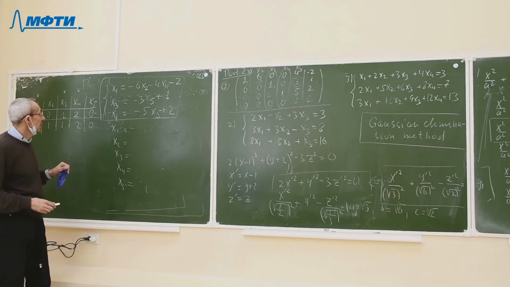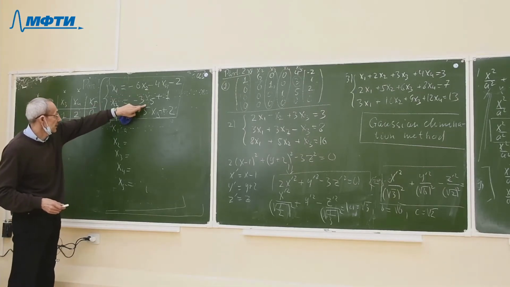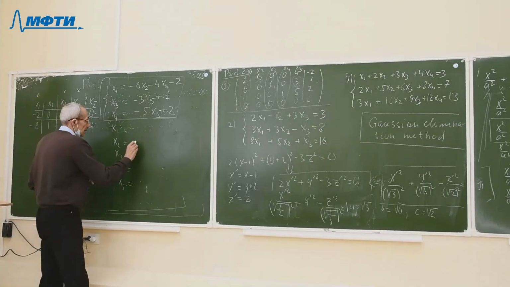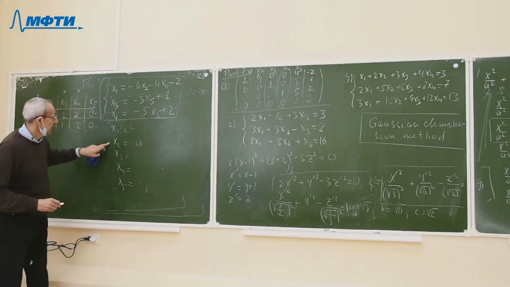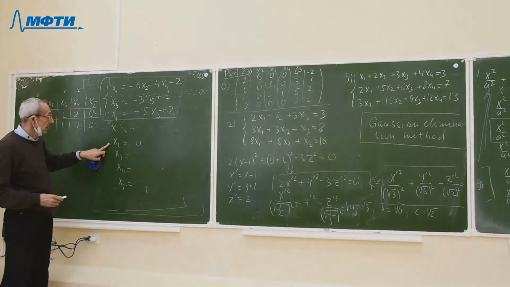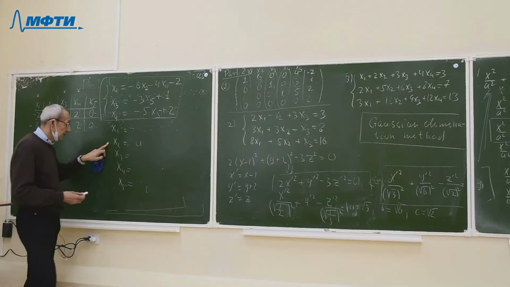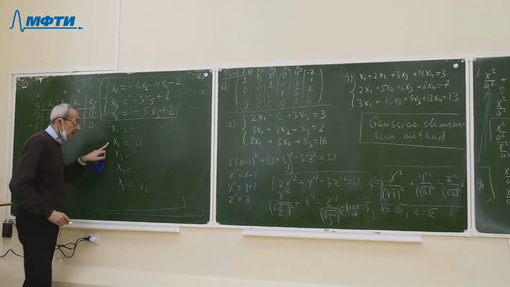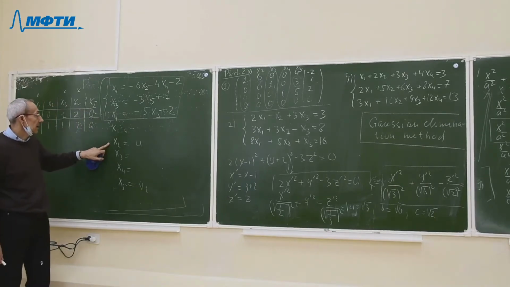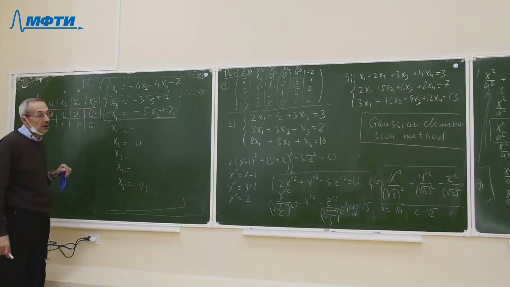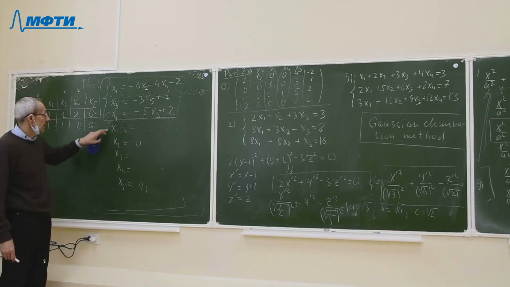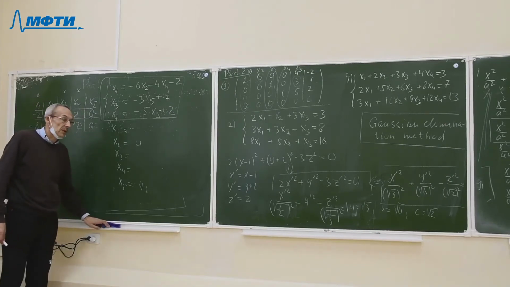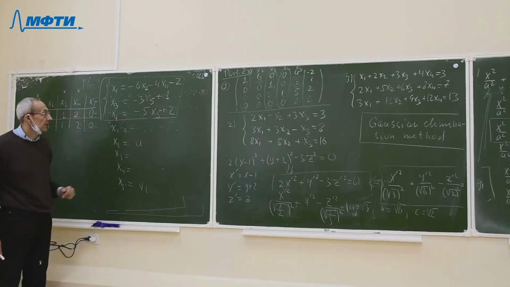And I have independent variables x2 and x5. And I can put x2 is equal u, some parameter, x5 is equal v, another parameter. And I obtain an exact expression for all variables, all unknowns, in terms of these parameters.